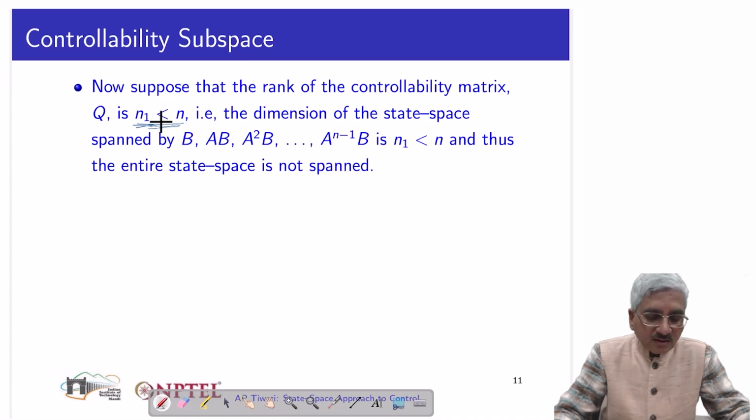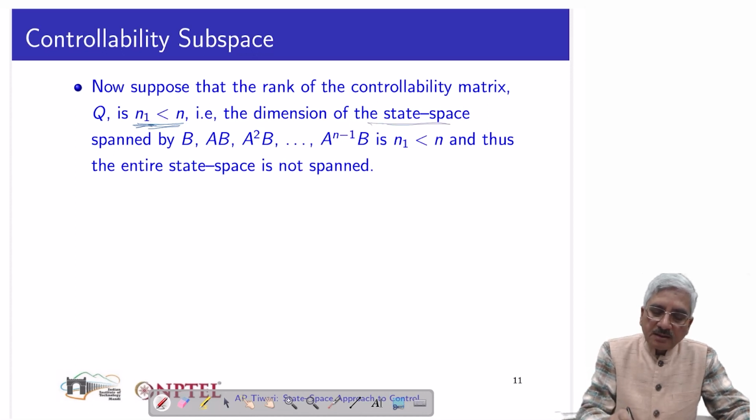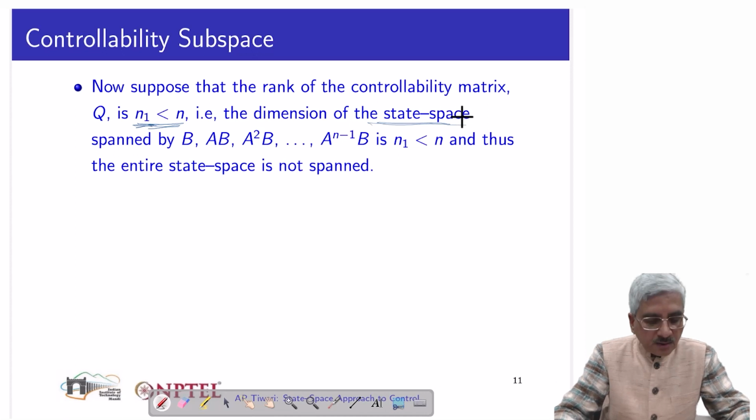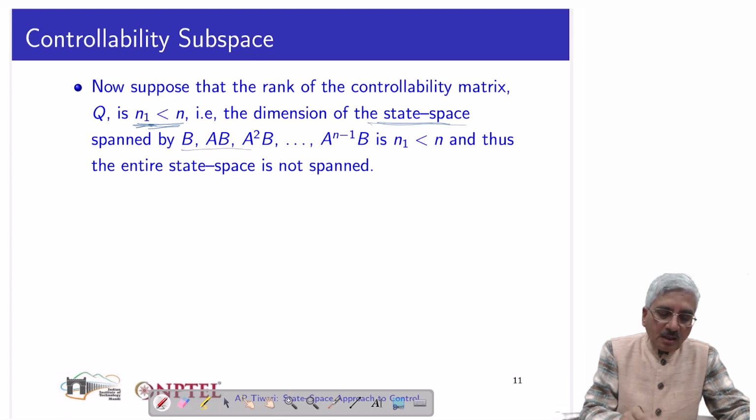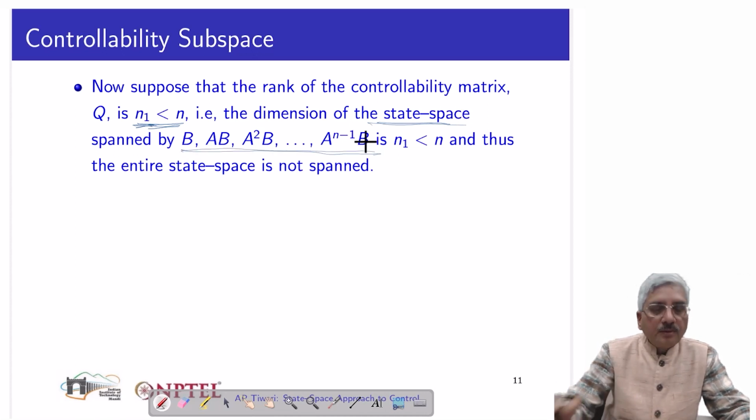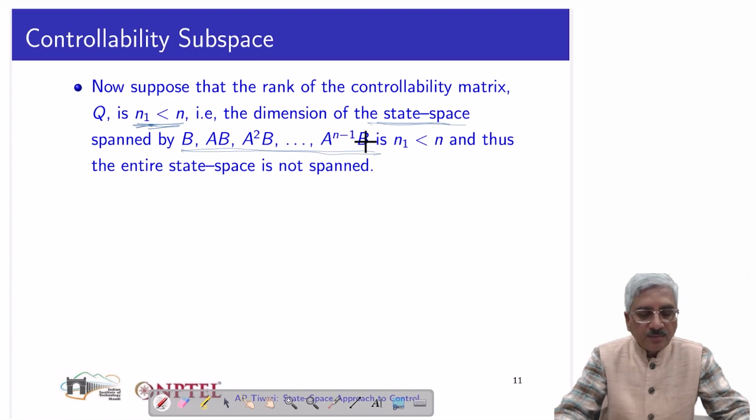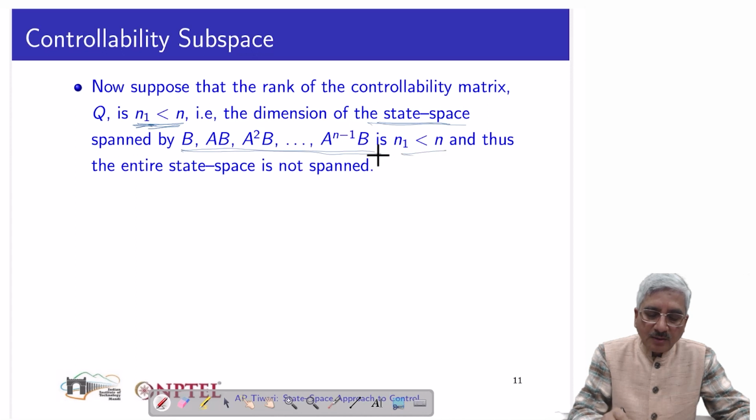But what it says, in terms of vector spaces, is that the dimension of the vector space spanned by all these columns of B, AB, A square B, etc. is less than n, which is n1.